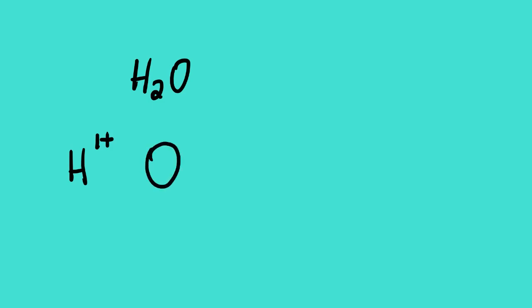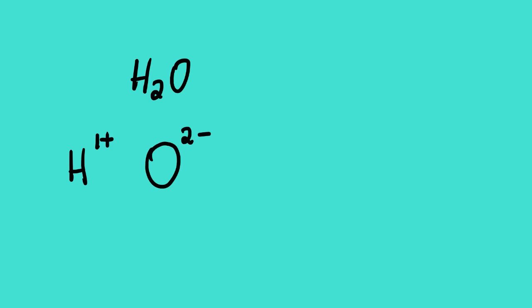Now let us go back to our example. Hydrogen is from group number 1, so it has 1+. And oxygen is in group number 6, it has 2-.